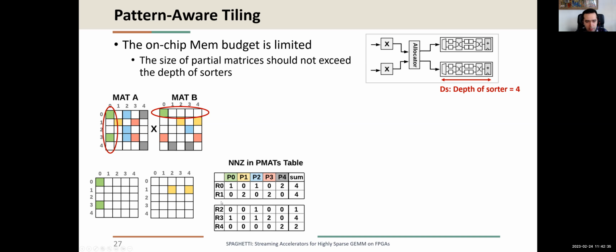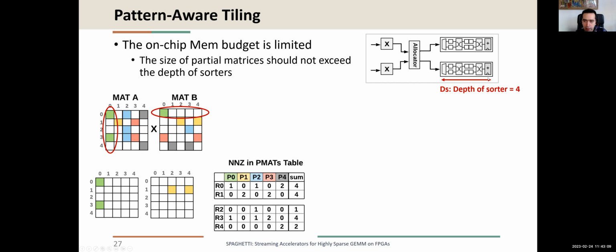If we do the same thing for the other 3 partial matrices, then we will have this table. This column shows the sum of the non-zero elements in every row along these 5 partial matrices. For instance, R0 is going to have 4 non-zero elements, one from P0, another from P2, another from P4. R1 is going to have, again, 4.